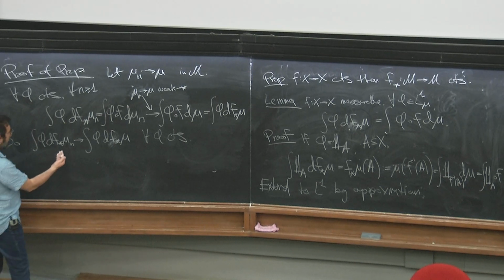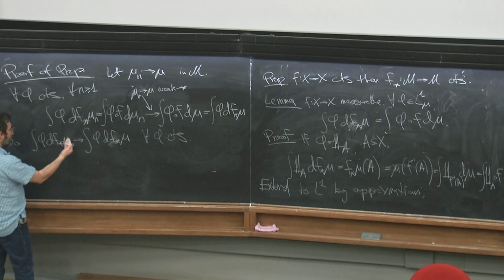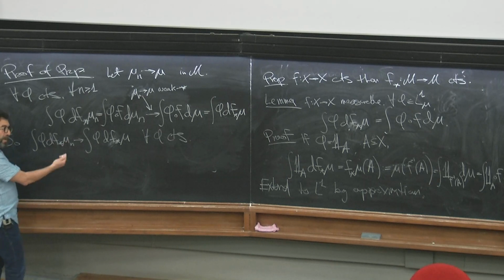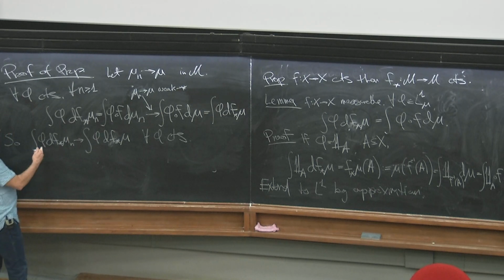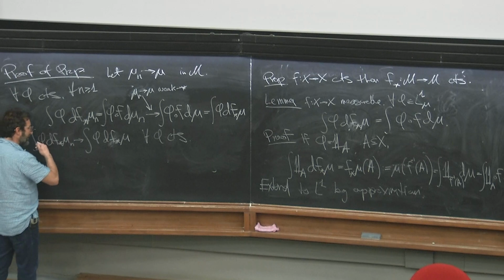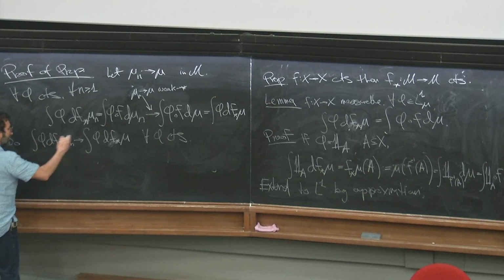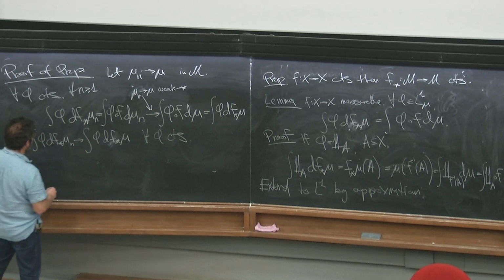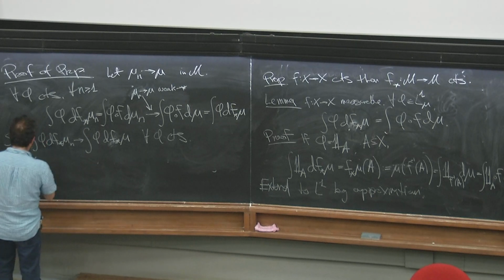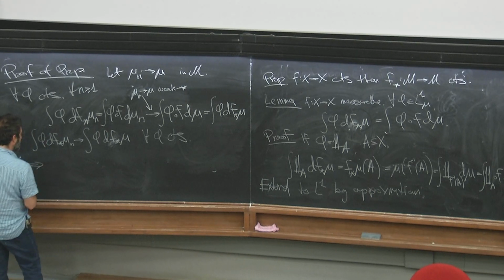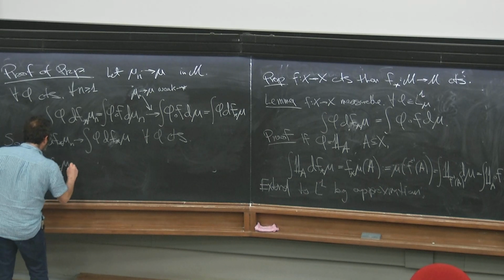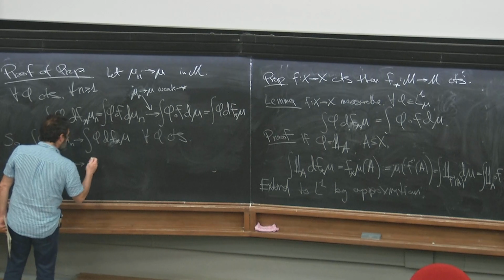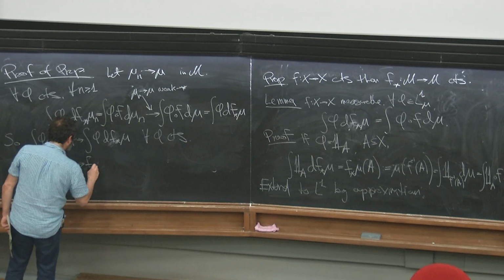So the integral is a linear functional on the space of measures, and this convergence holds for all continuous functions, and so this implies that f star of mu n converges to f star of mu.